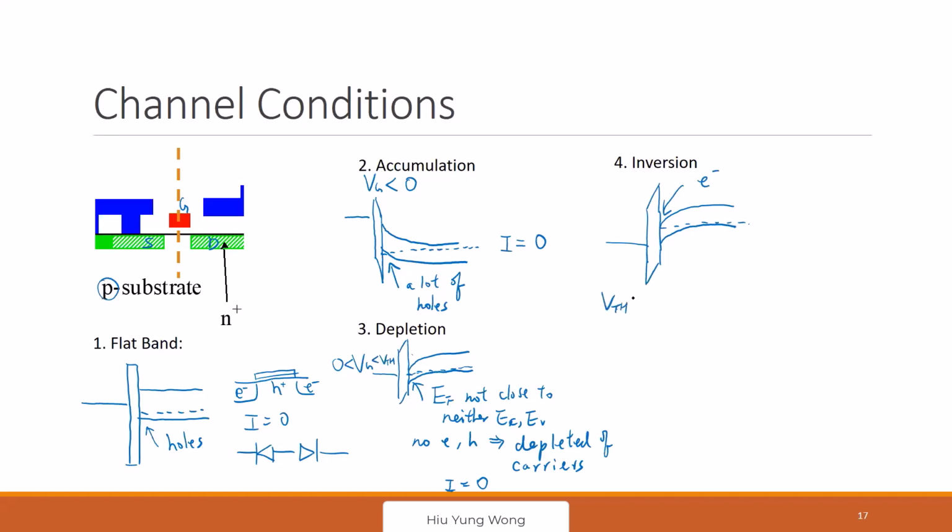Vth is the Vg after which the inversion layer is formed. Okay, so why is this called the inversion layer? Anyone has an idea?